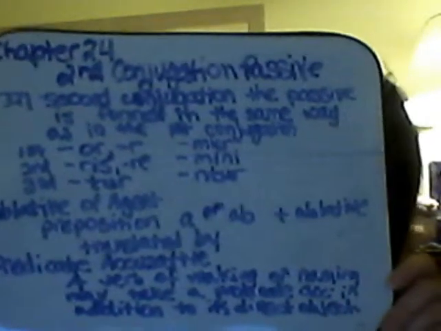Okay, let's look at the vocabulary on page 109. We'll discuss that. We have aestas, aestatis, feminine, summer. They actually have three words that look the same, and they'll ask you what's the difference, so I'm going to write them down.